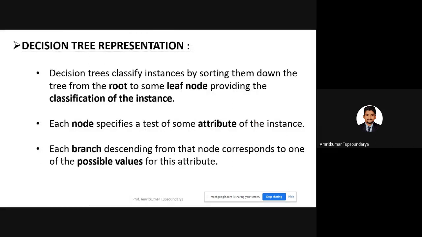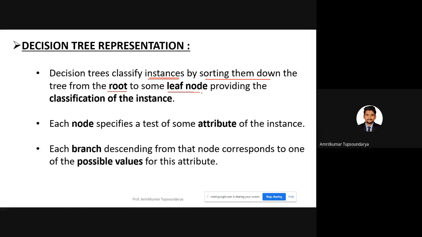Now, how is it represented? We talked about what a decision tree is and what the different areas are, but how can we represent a particular decision tree? The decision tree classifies instances. I hope by now you are clear what a particular instance is, right? What the decision tree does is it classifies the instances by sorting them down the tree, starting from the root to some leaf node.